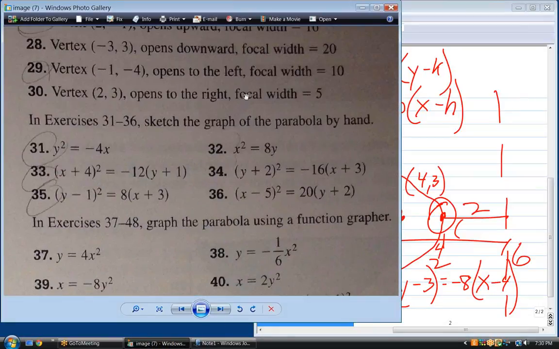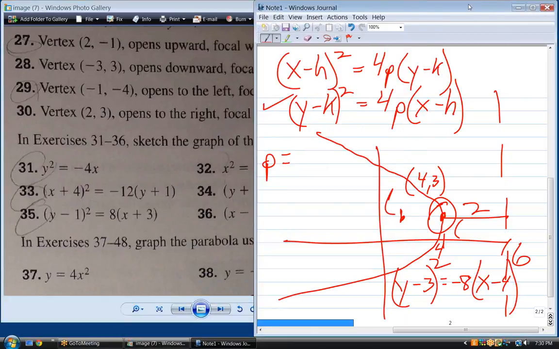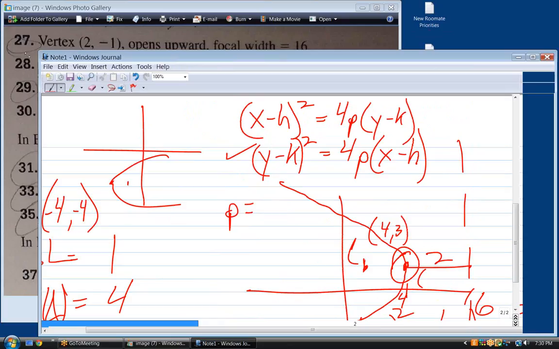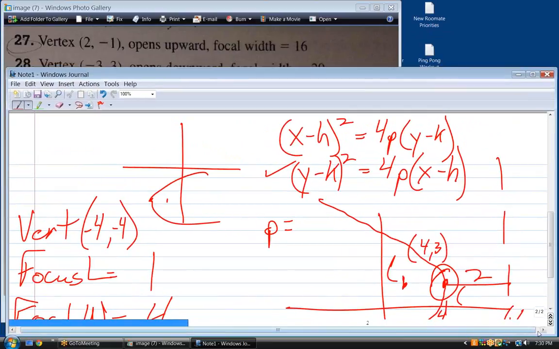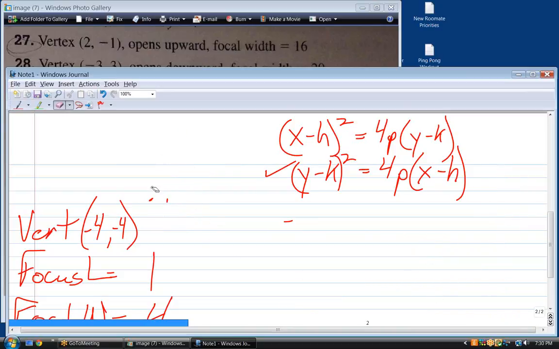27? Let's do it this way. Let's put our vertex on there. It's at 2, -1 right there.